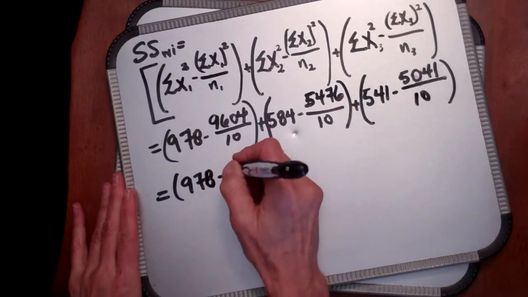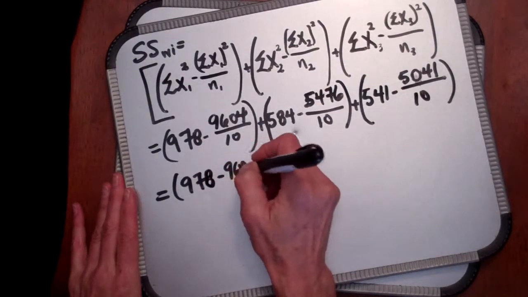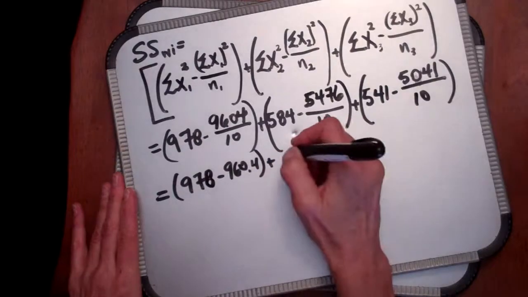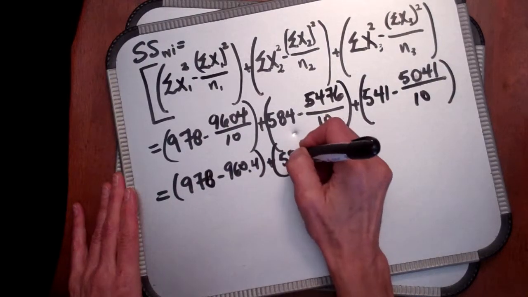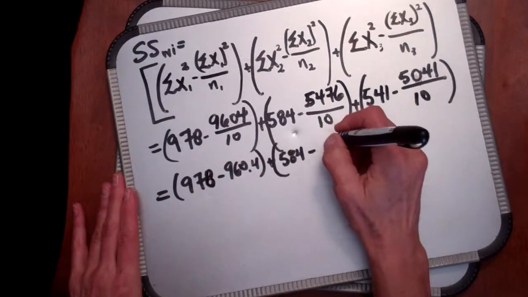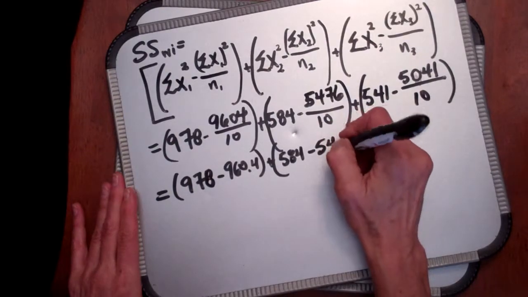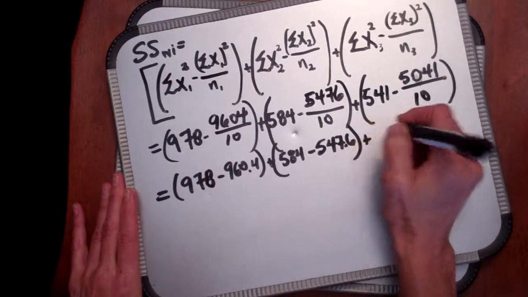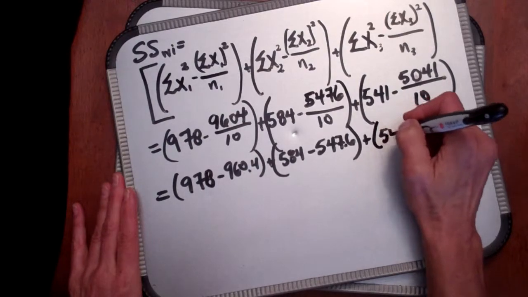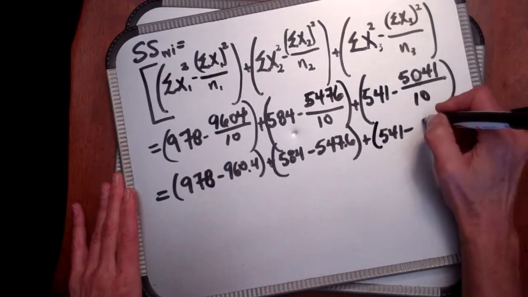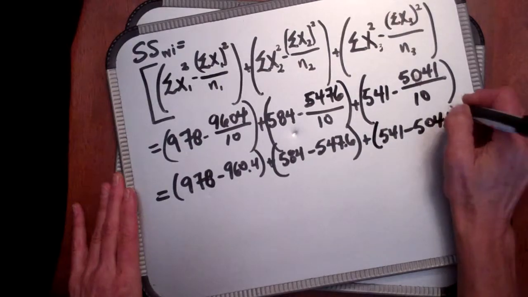Because now we have 978 minus 960.4 plus 584 minus 547.6 plus 541 minus 504.1.